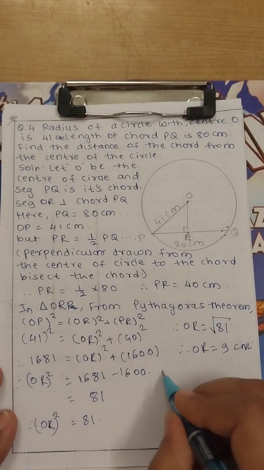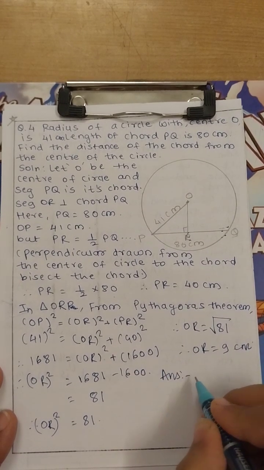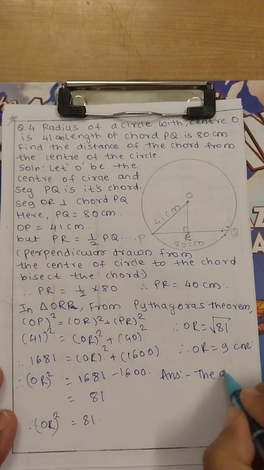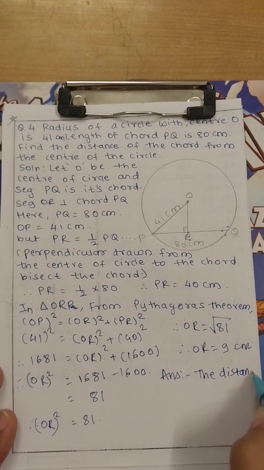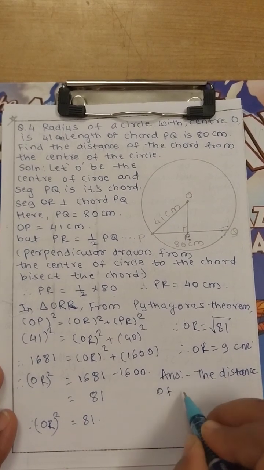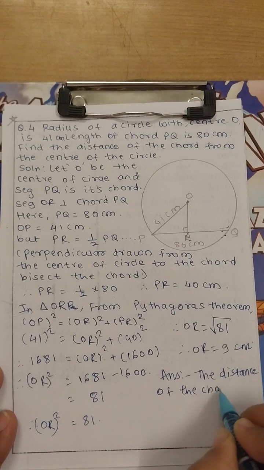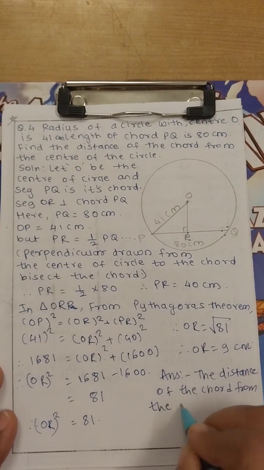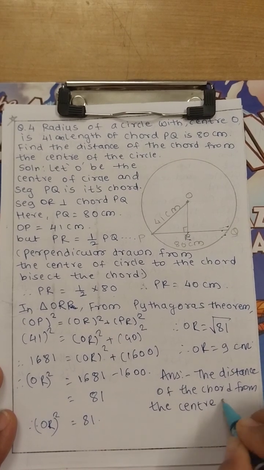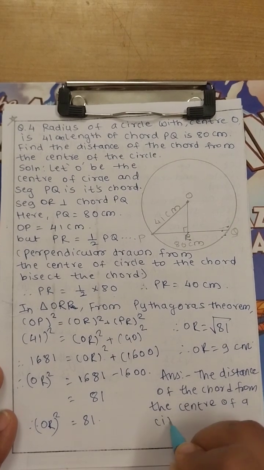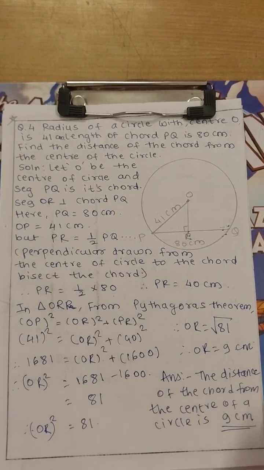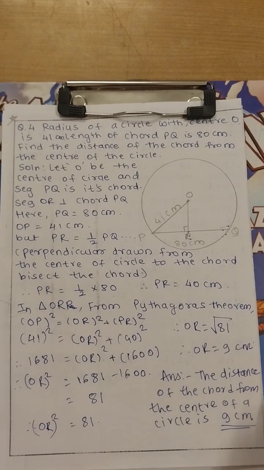Now, what is the final answer? The final answer is the distance of the chord from the center of the circle is 9 centimeter. Are you getting? Okay. Next example.